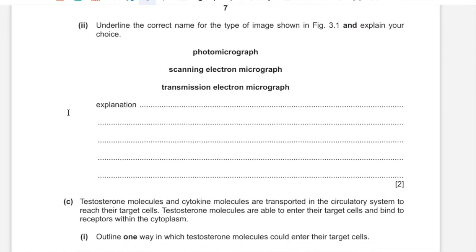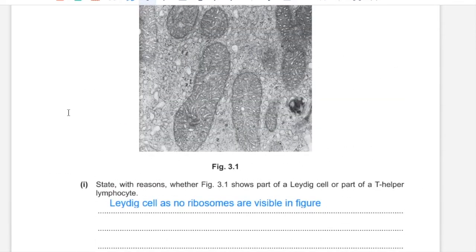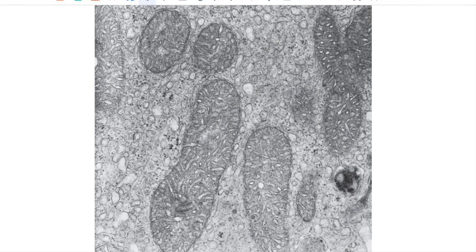Underline the correct name for the type of image shown in figure 3.1 and explain your choice. In this diagram, these structures, I'd rather say, one over here, this one, and also these two are mitochondria. These structures have membranes which are folded to form projections, and those would be cristae found in mitochondria.